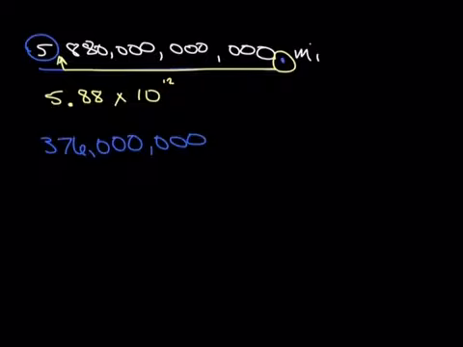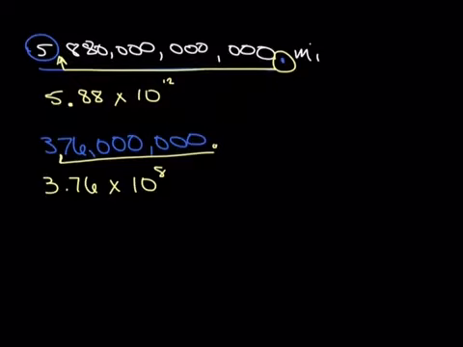So we write first digit, decimal, next non-zero numbers, times 10, and then we count. We started here, and we move the decimal to here. So that is 1, 2, 3, 4, 5, 6, 7, 8 places. That's all there is to that.